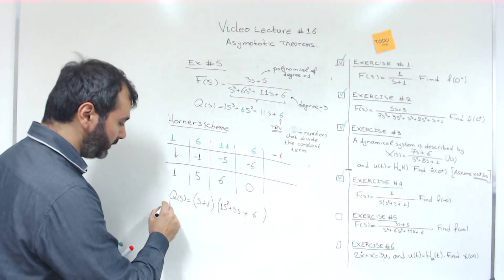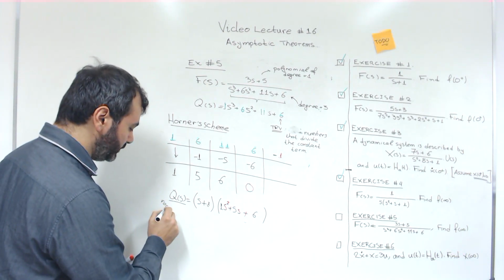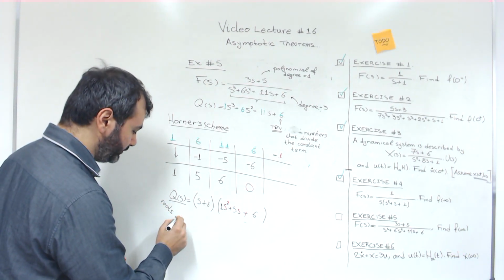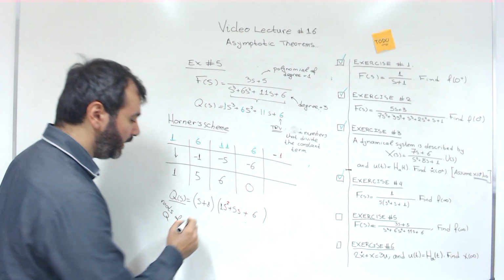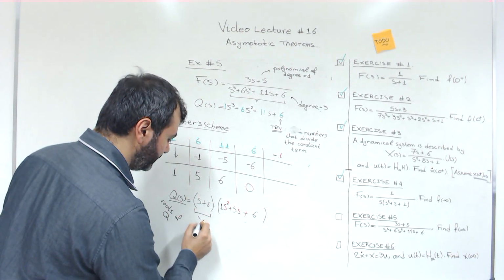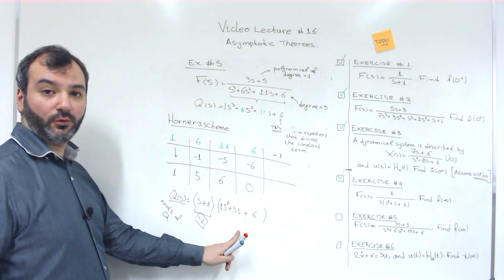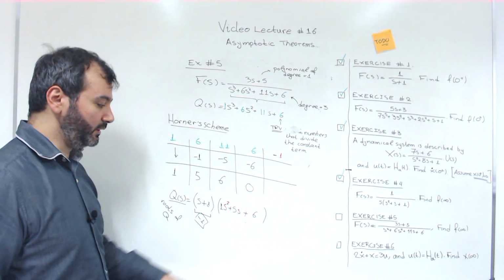So now the roots of Q are minus 1 and whatever roots come from this polynomial.